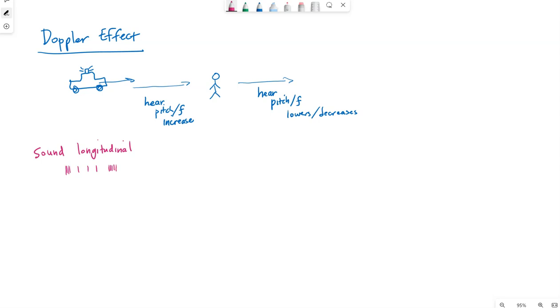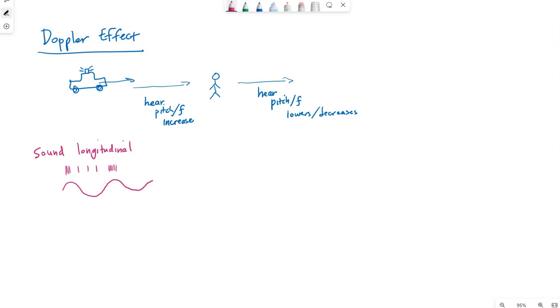Longitudinal waves are not particularly easy to draw, so I am going to draw the sine type wave, where we get compressions, rarefactions, compressions, and rarefactions. And so I'm going to represent the sound with the sine type wave that would describe its motion.